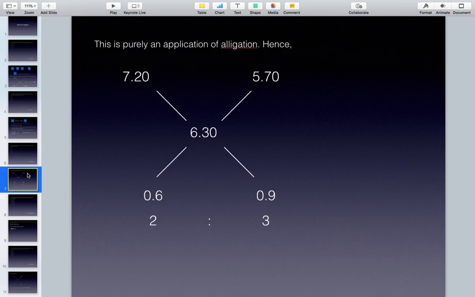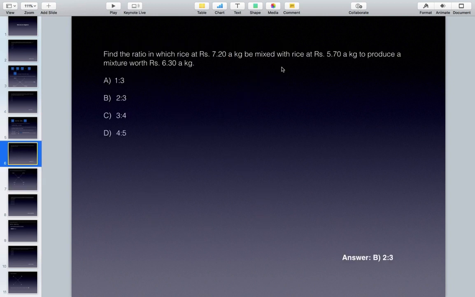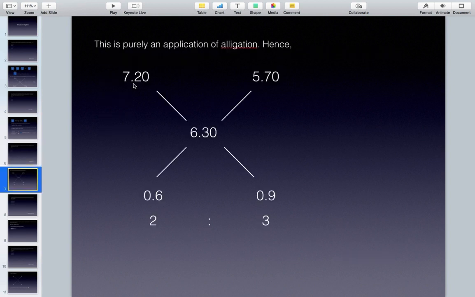If we write 5.7 here and 7.2 here, then we get 3 here and 2 here, so we have to take the reverse of this ratio. Since the question is like this, I wrote the values like this, so I get the exact ratio, 2 is to 3.